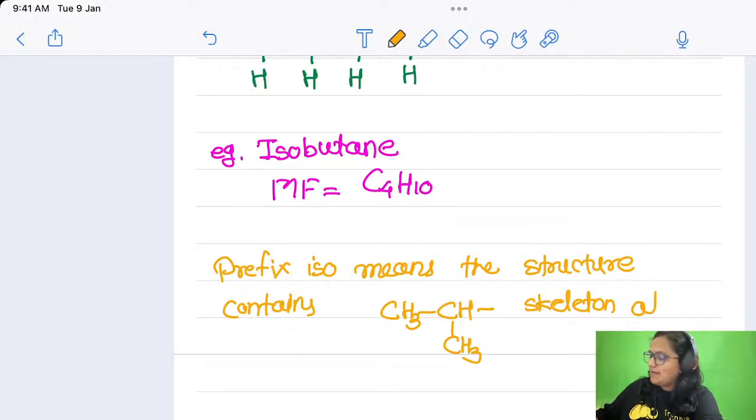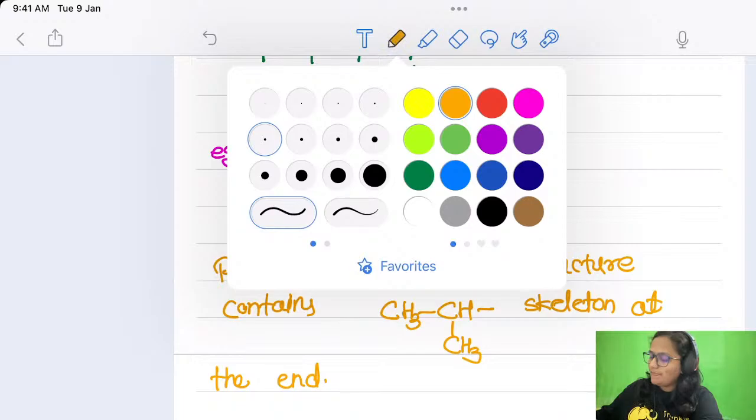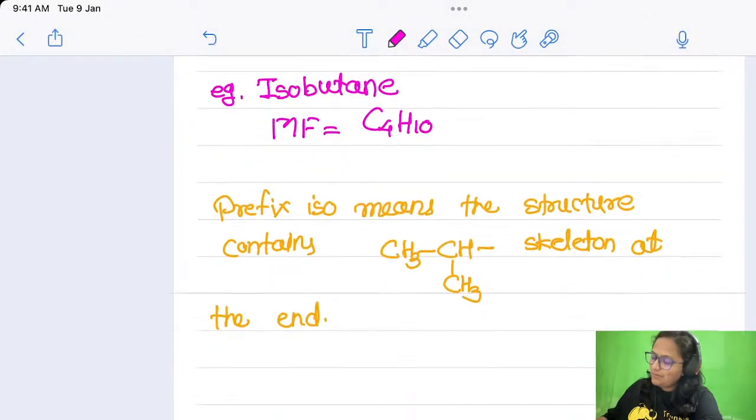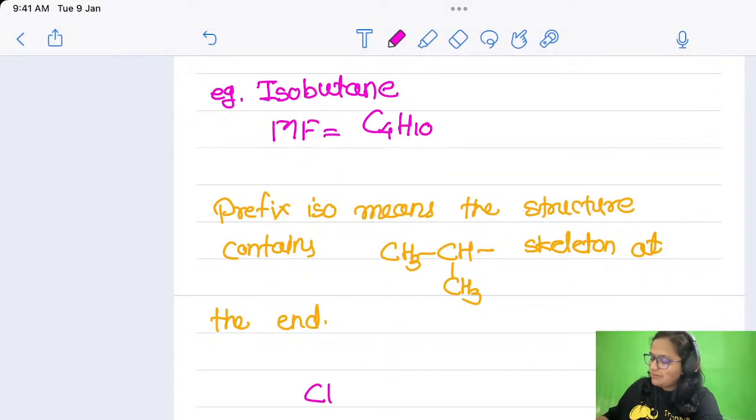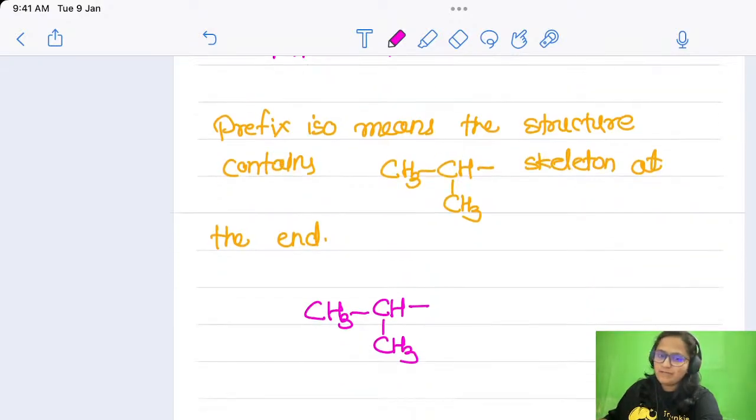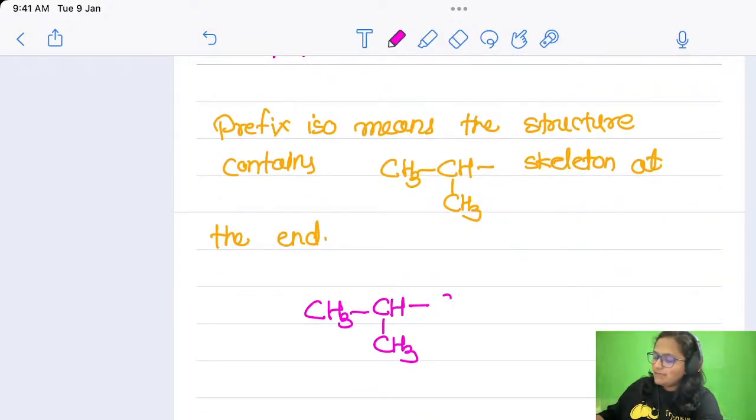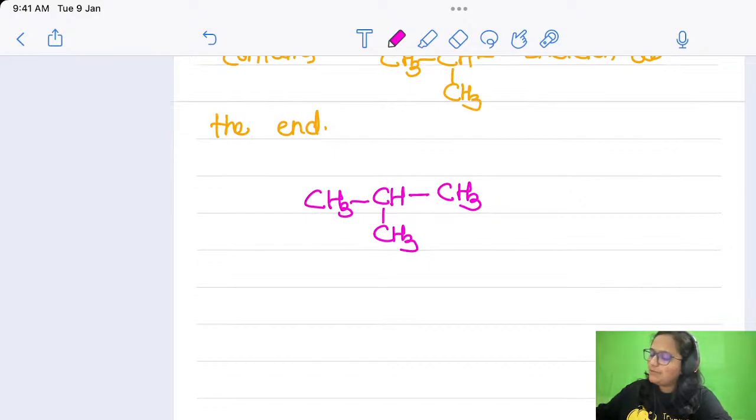So let us see for isobutane. 4 carbon atoms are there. What I have told you is that at the end there should be this kind of skeleton, so CH3, CH, CH3 should be there. If you see, 3 carbon atoms we have written, and only 1 carbon atom is left. So this is what the skeleton is, but this is not the complete formula.